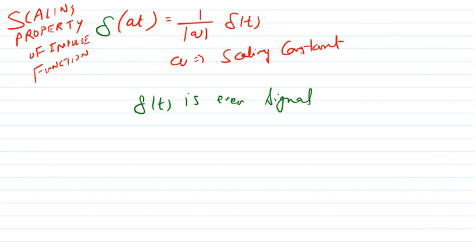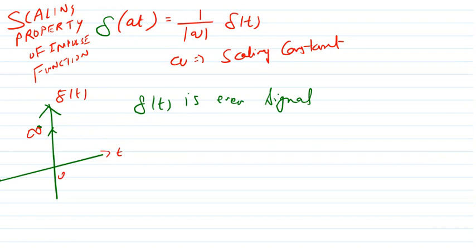So in the last lecture I told you what an even signal is. If you draw the graph of del t, then at t equals to 0 it tends to infinity.